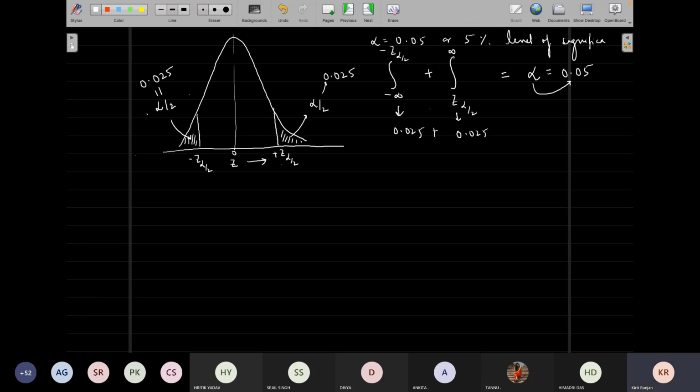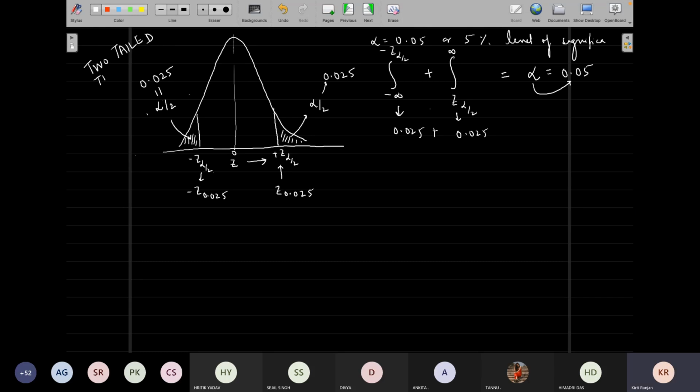And hence what we are saying is, this number minus z alpha by 2 is nothing but minus z 0.025 and this z is z 0.025. I am going to, of course, later call this a two-tailed test, but this is not for now.